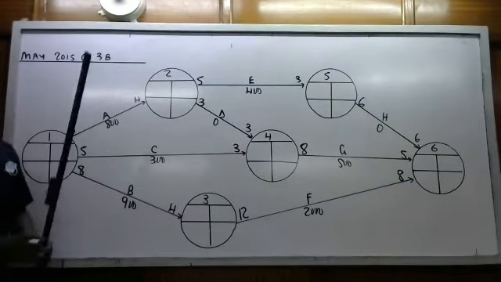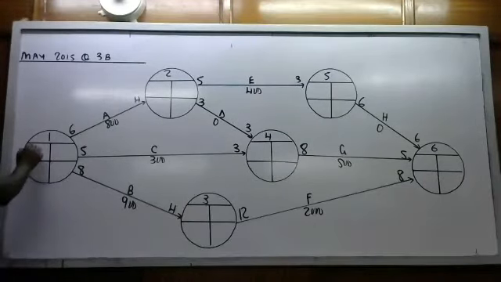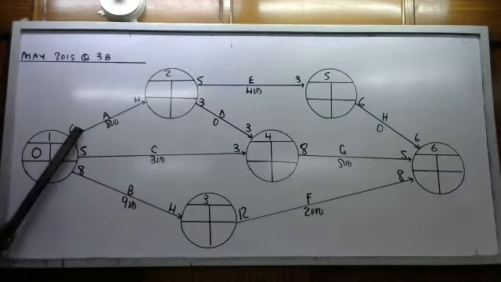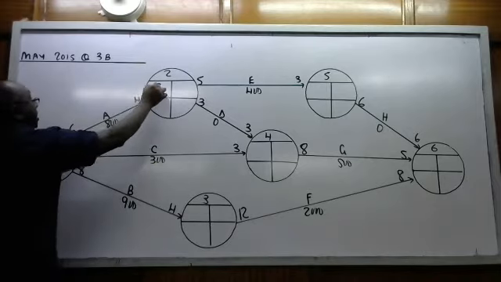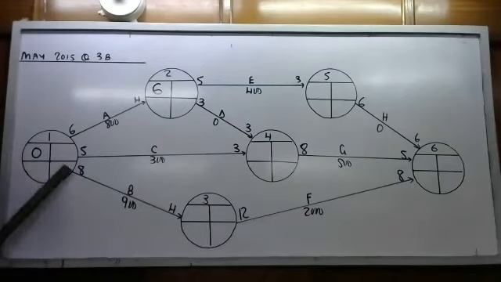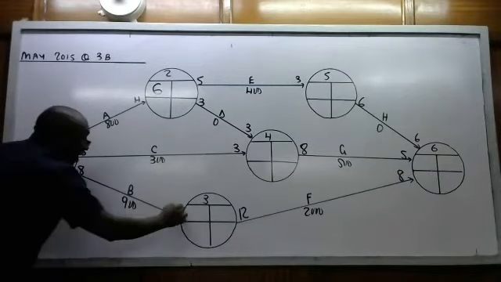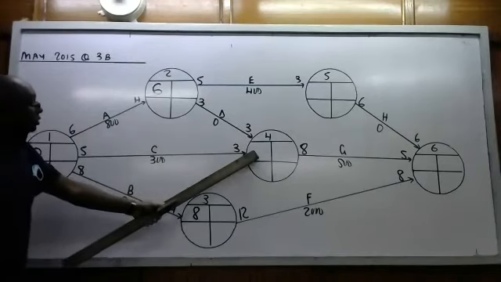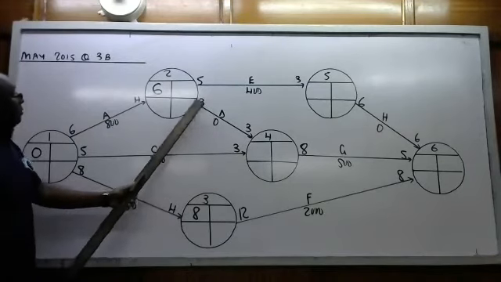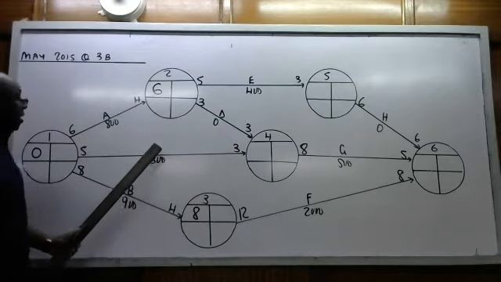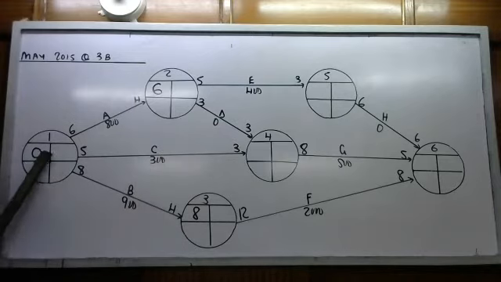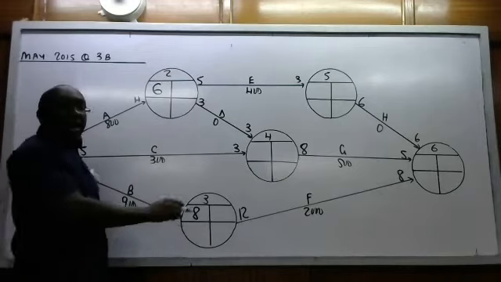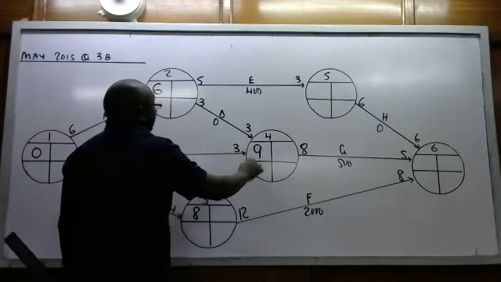So doing the forward pass for the normal, there's a 0, 0 plus 6, this will give me 6 here. 0 plus 8, that will give me 8. When I get here, there are 2 arrows, so I will say 3 plus 6, that is 9, or 5 plus 0, 5, so I go for the higher, that is 9.